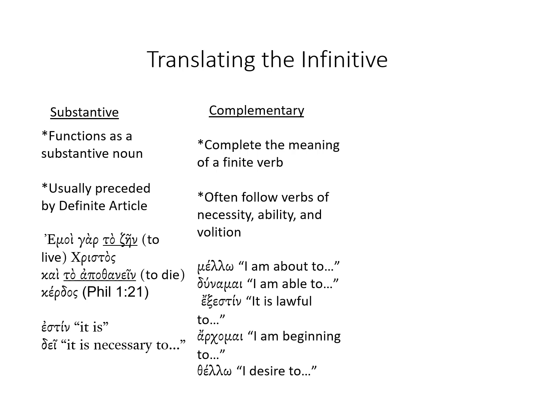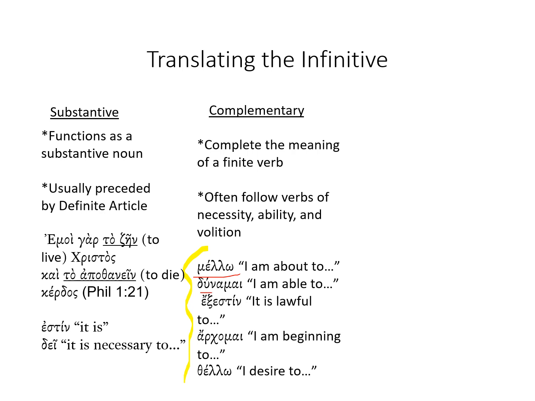The complementary infinitive is perhaps the most common. It's the use of the infinitive to complete a verb, and we have a list of verbs here that are frequently needing to be completed. I am about to, well, about to what? I'm about to do something.